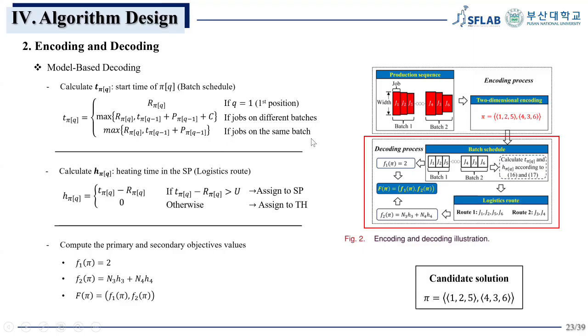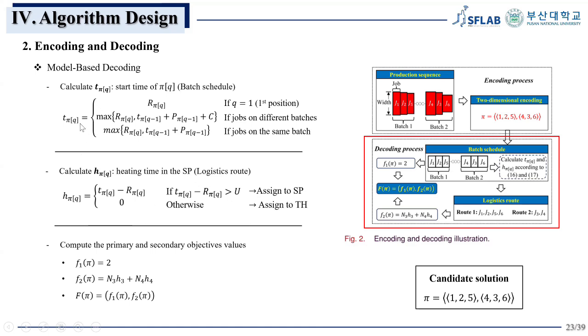If the jobs are in the same batch, for example, job 2 and job 5, then the job start time will equal the maximum of release time and the completion time of the previous job. Then we calculate the heating time, in order to determine the thermal devices assignment. If the waiting time is greater than the time limit, then it must be assigned to a soaking pit, SP, and the heating time will equal the waiting time. Otherwise, it can be assigned to the TH, and the heating time equals 0.